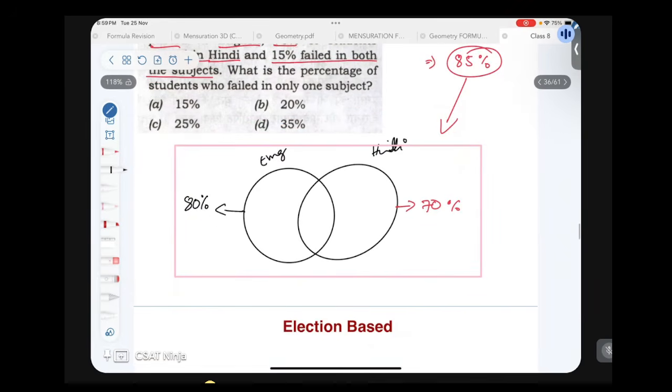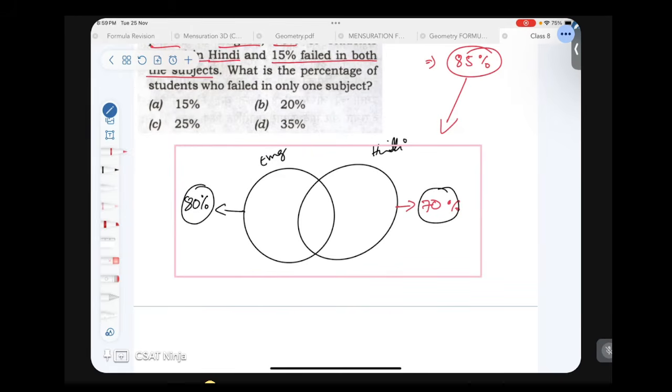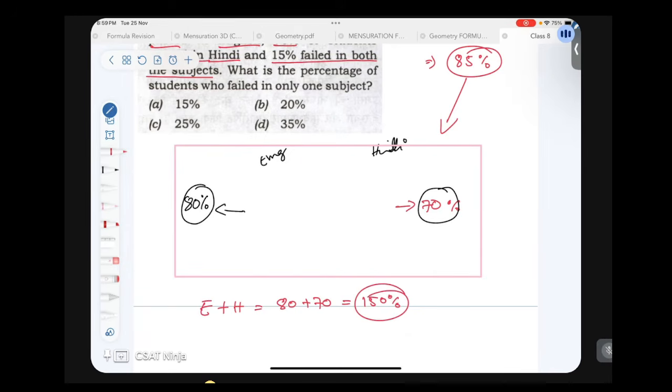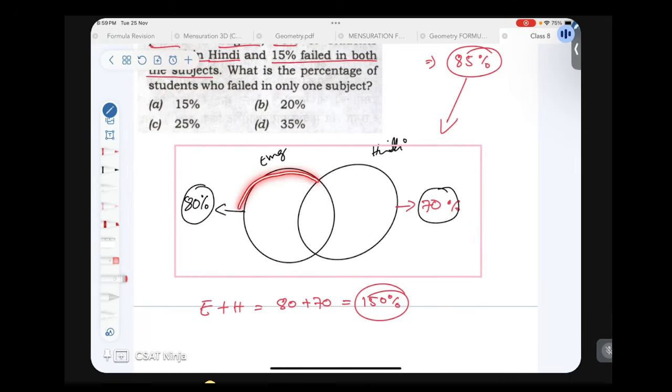But if you look here carefully, you have 80% here, you have 70% here. If you want to find the ones who have passed in English and Hindi here, 80 plus 70, it will be how much? 150. 150% there. So if you look here carefully, when I talk about this area, I'm covering this area once, and when I talk about this area, I'm covering this area once.